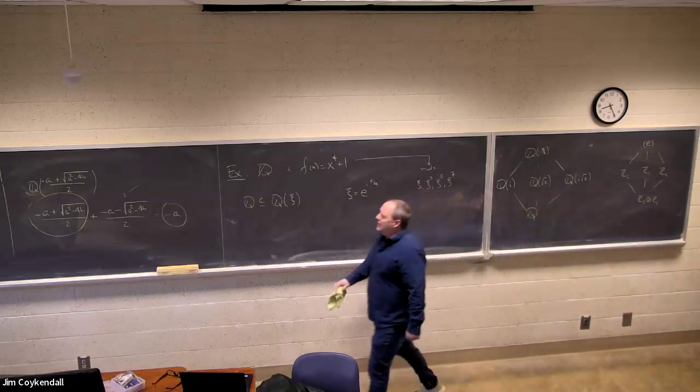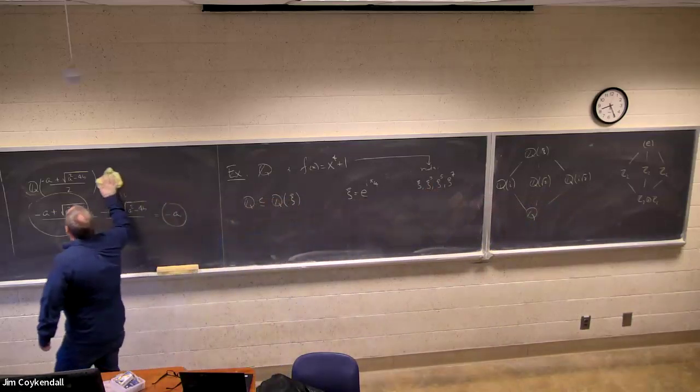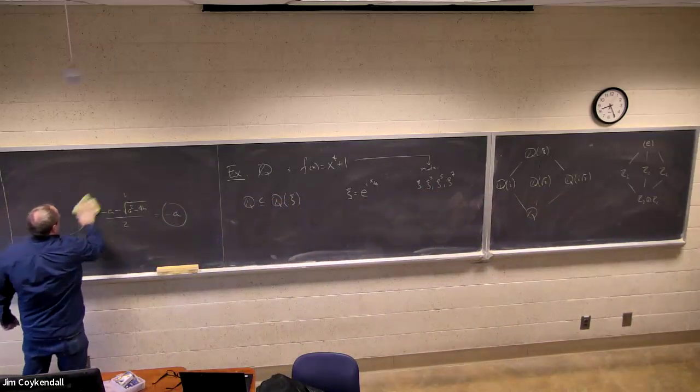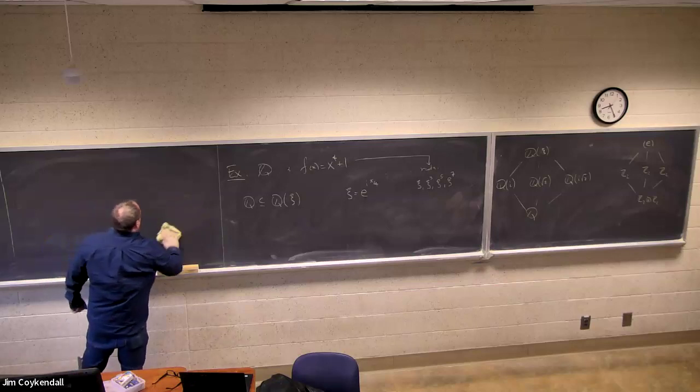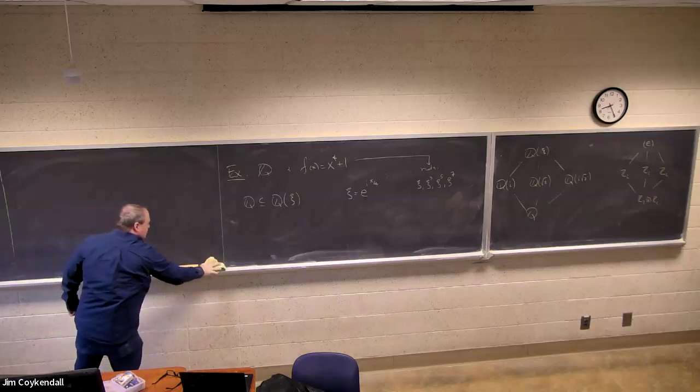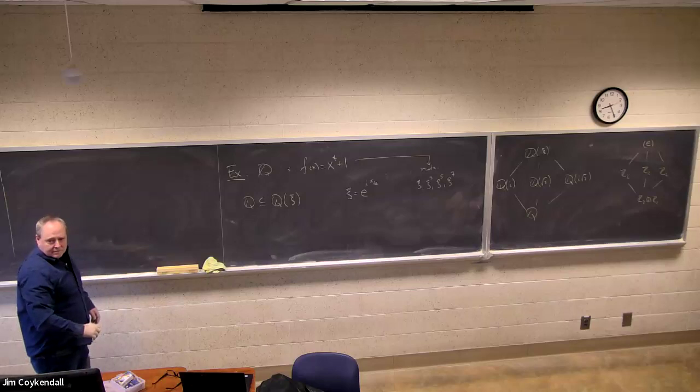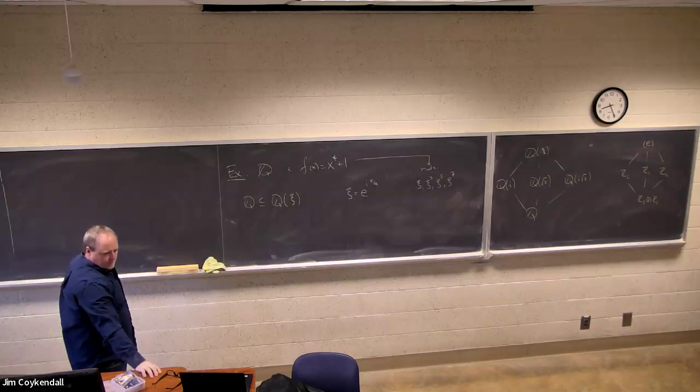Okay, so can anybody give an example of an extension that's not normal? Third one, this x to the 3 minus 2.